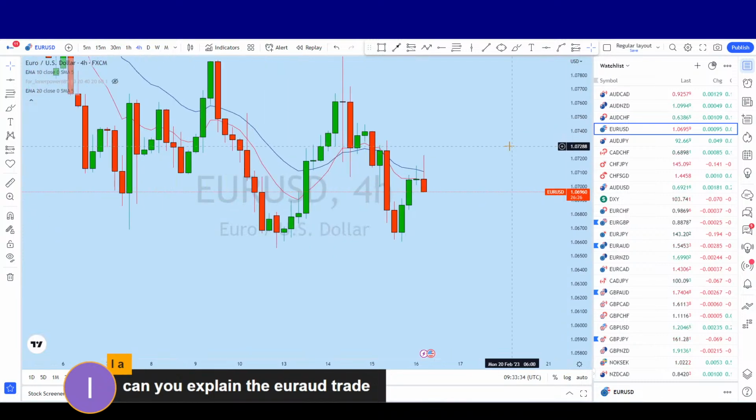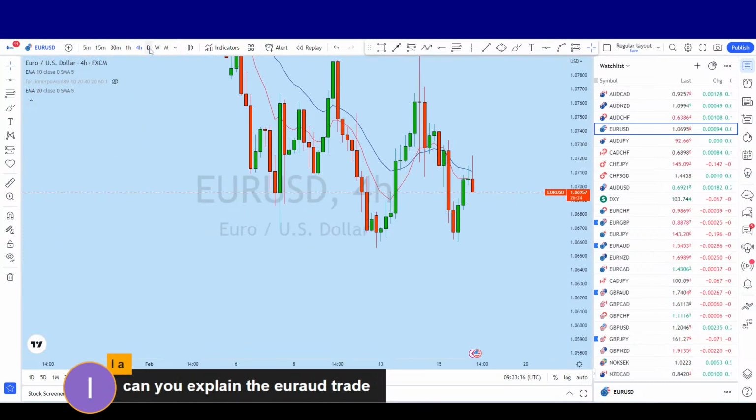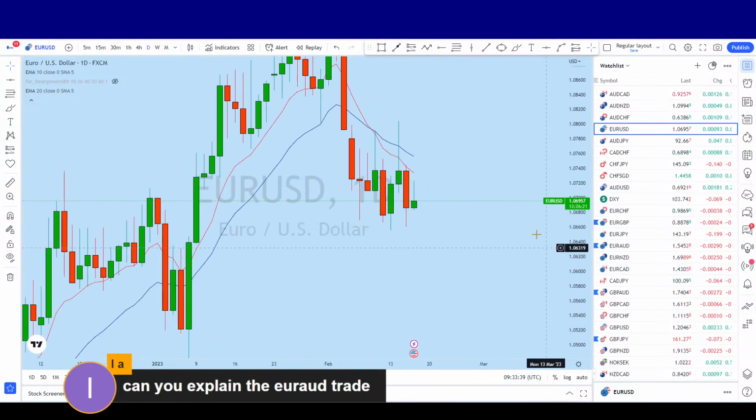Okay, we see that euro dollar is coming down from this daily resistance.